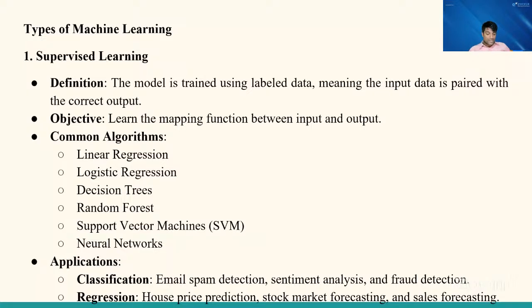One more important thing I want to add is that there are algorithms which are capable of doing both, whether it might be classification or regression. For example, decision trees: a decision tree is capable of both classification and regression. Random forest as well, SVM as well.